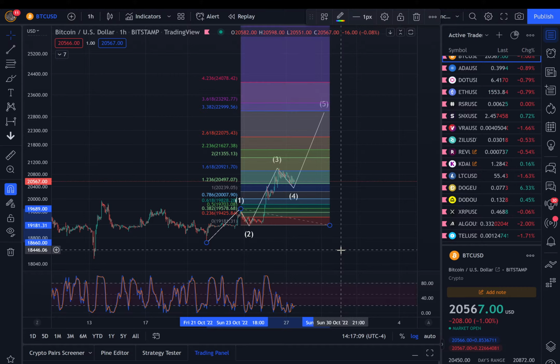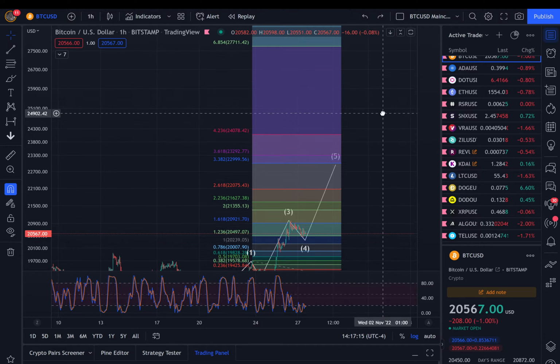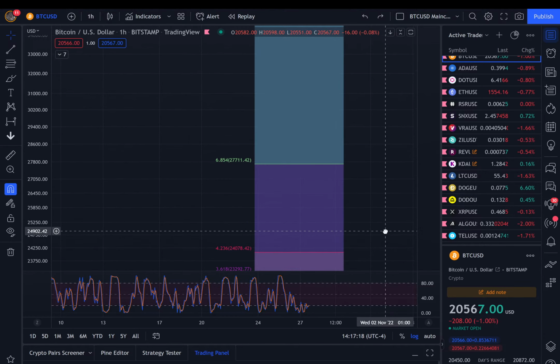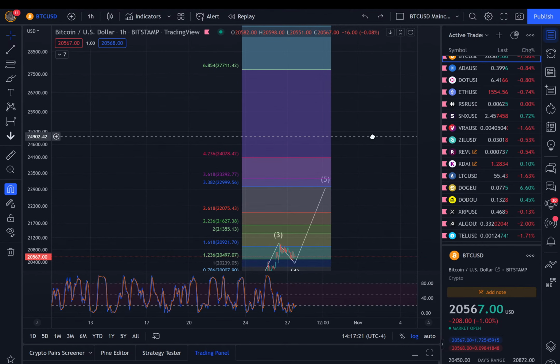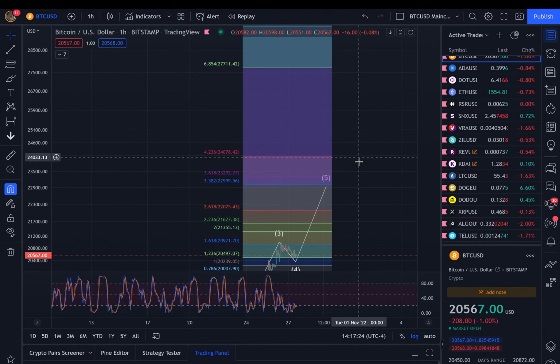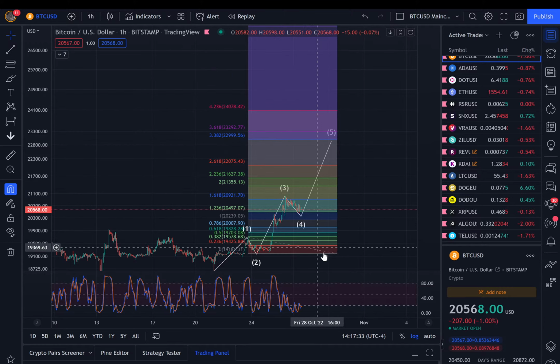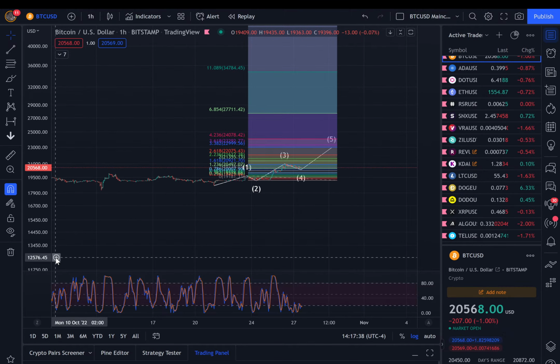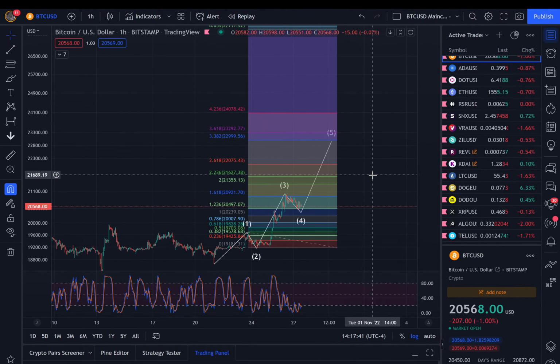I was digging it. It's this color right here, which is the 6.854. What the hell is that? Okay, I'm just gonna get rid of the 3.618. Or should I just keep all of this on? I'm gonna keep all this on. I'm just gonna keep it like this, okay? So I think we're targeting the 3.382, and like I said, I've seen this in other projects, so we're gonna have a look. We're gonna just leave it on there and see.